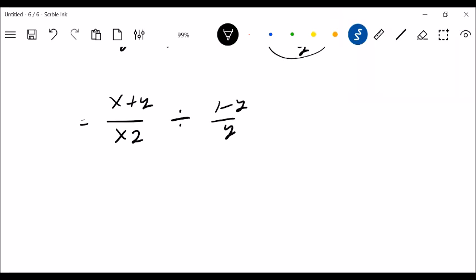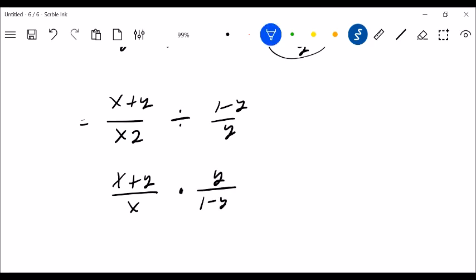When you're dividing fractions, you can multiply the fractions: x plus y over xy times y over 1 minus y. In this case, I have to put an xy on the bottom here. So this y, for that to disappear, those y's will cancel.